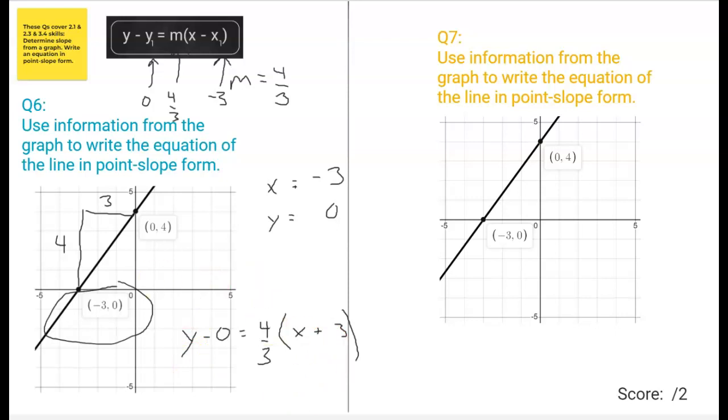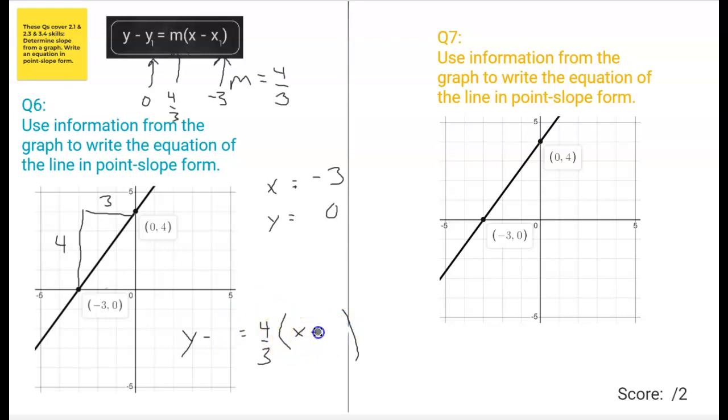If you chose a different point, so instead of using this point, you chose to use this point, you could do that. You would have the same slope because it's the same line. You would just change the y that you plug in and the x that you plug in.